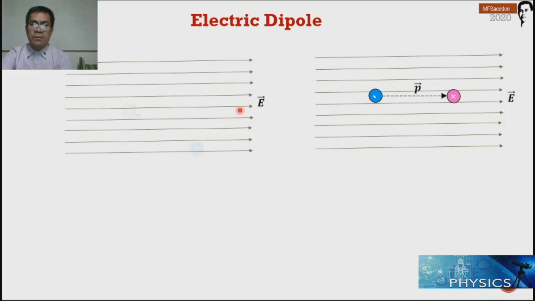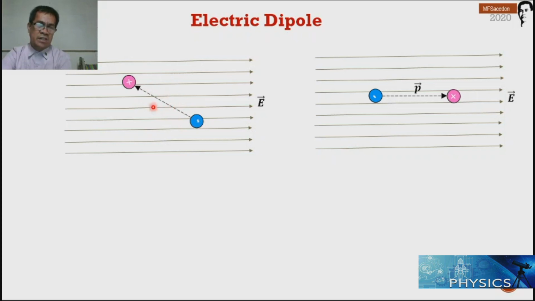Now what will happen if we change the configuration of the electric dipole? Suppose this is now the positive and this is the negative charge, and this is the dipole moment from negative towards the positive, and this is the electric field. Notice that the angle is greater than 90 but less than 180 degrees. What will happen to this electric dipole?